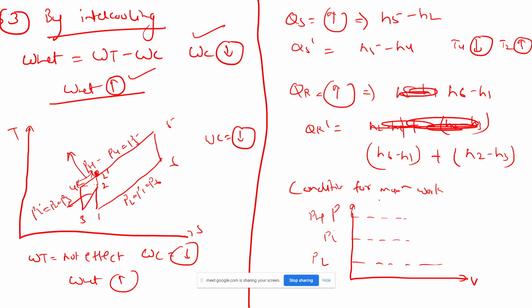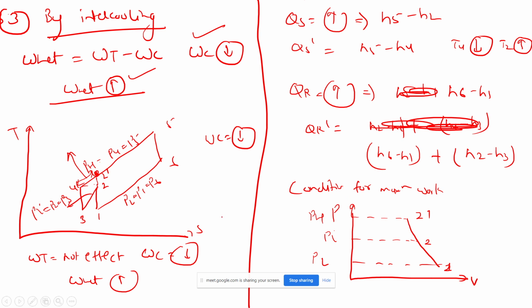We are compressing in one stage from 1 to 2 dash in the ideal Brayton cycle. Now by intercooling, first we compress the air to 2 dash 2. Okay, and after that, at constant pressure, we are cooling.